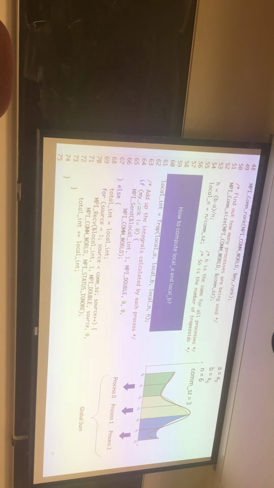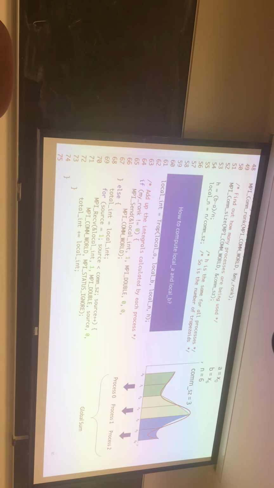this is also the command that you are very familiar with now. You have implemented how to calculate a global sum. Basically, if this process is not process 0, then it just sends its calculation result to process 0. You are sending one double, just one number. But if you are process 0, then you first keep track of the local integration result, then assign that to the total integration.